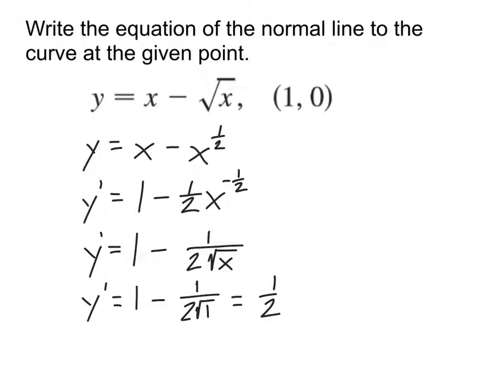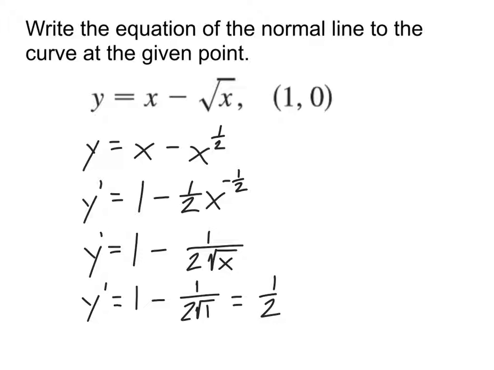All right, now remember what we found here? We found in this 1/2 that that's the slope of the tangent line, because that was the derivative. We aren't interested in just using the slope of the tangent line, though. We are finding that only so we can actually use it to find the slope of the normal line.